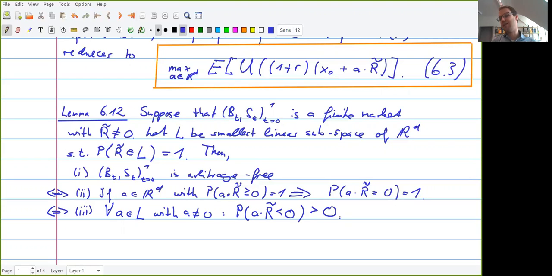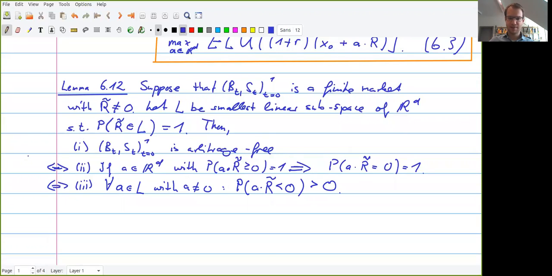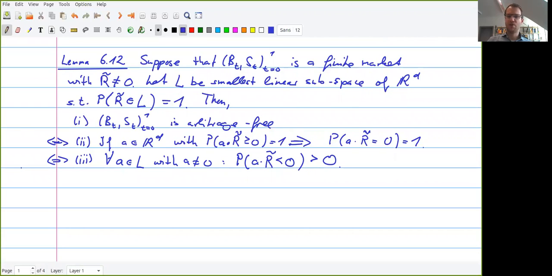So this is the idea of no arbitrage. There should be no way to make certain profit. All right, so this is an equivalent characterization of no arbitrage in terms of these discounted returns. So let us prove this.